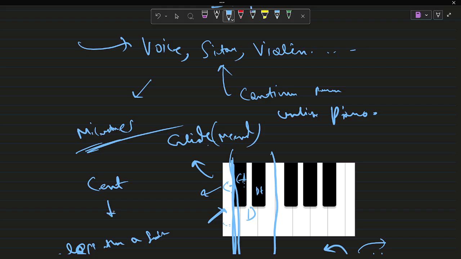So from C to C sharp, there exist a lot of microtones, and similarly from D to D sharp, there exist a lot of microtones. So for microtones, we need to understand this term known as cent.